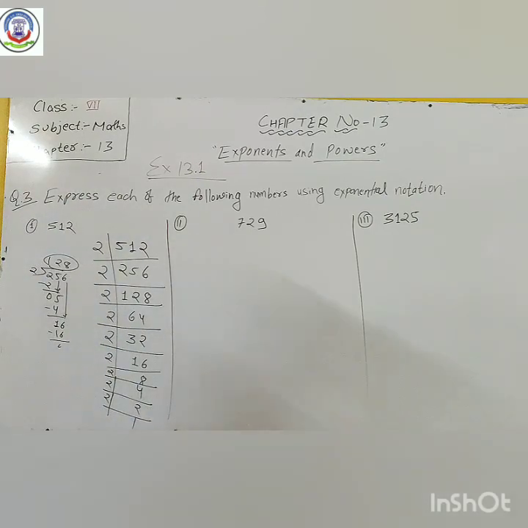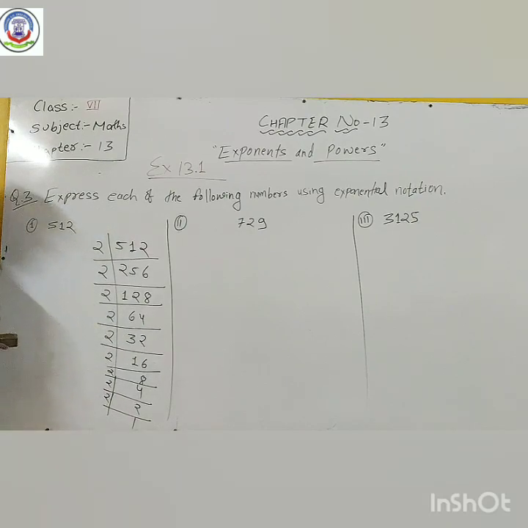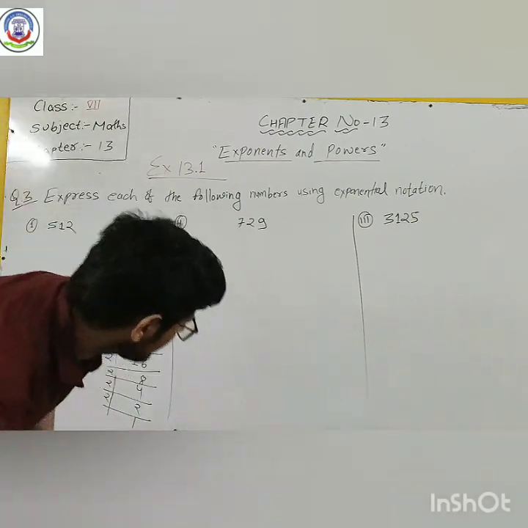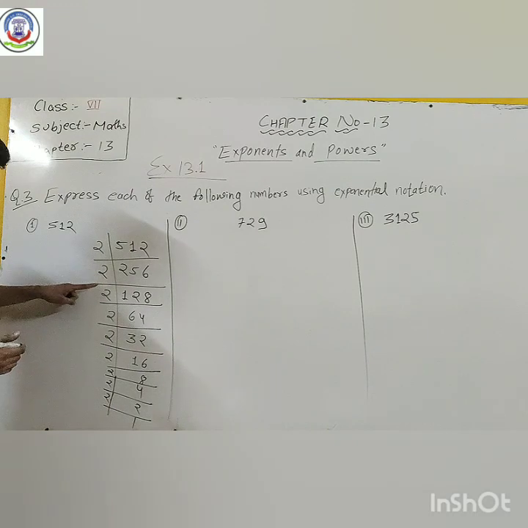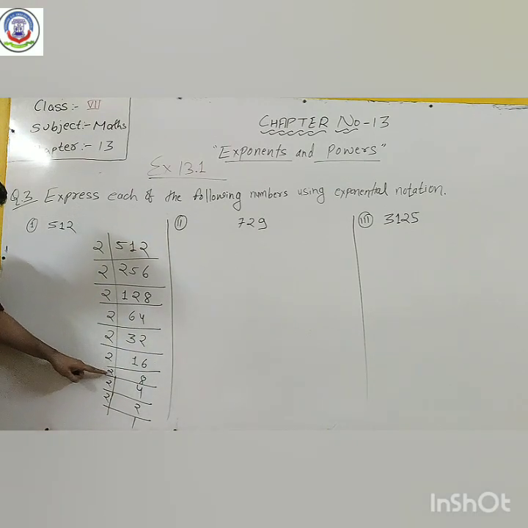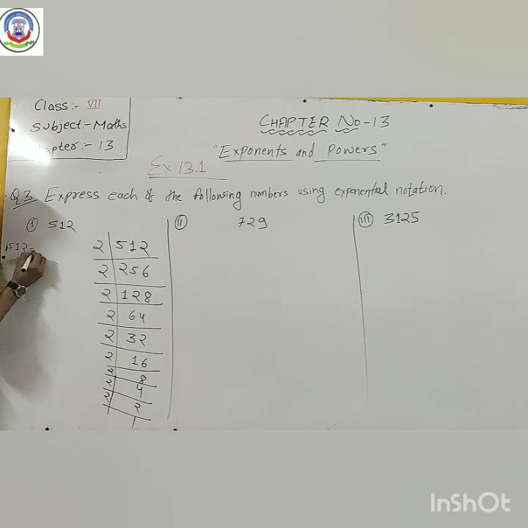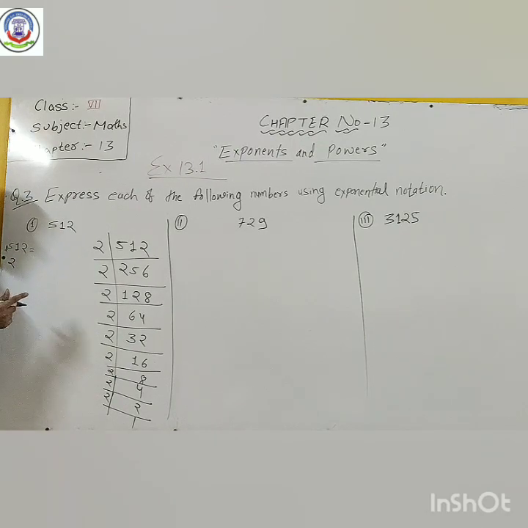Okay, so we have to write this in exponential form. So how many times is 2 here? 1 2 3 4 5 6 7 8 9. So 512 can be written as a product of 2 nine times.